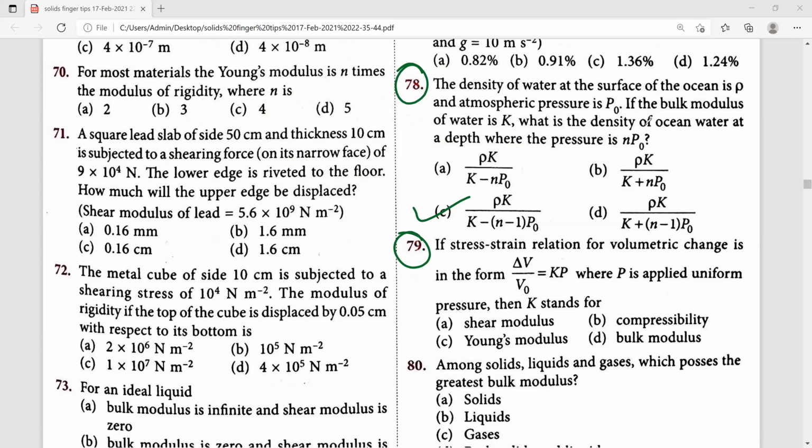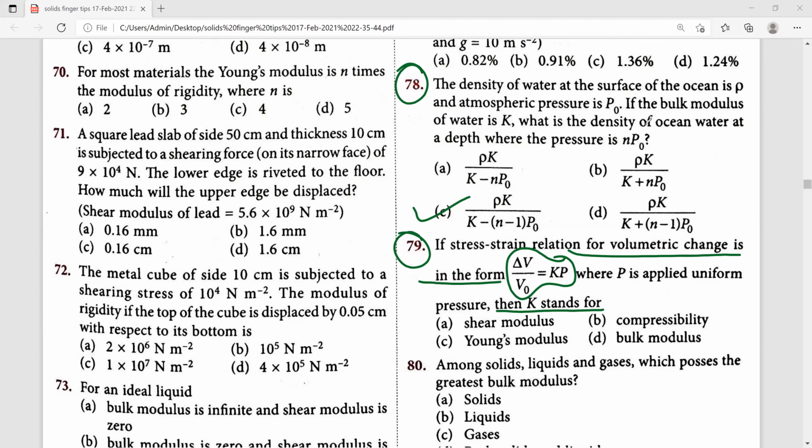79th one. If a stress-strain relation for volumetric change is in the form delta V by V naught is equal to K into P, where P is applied uniform pressure, then K stands for shearing modulus, compressibility, Young's modulus, or bulk modulus, they have given.